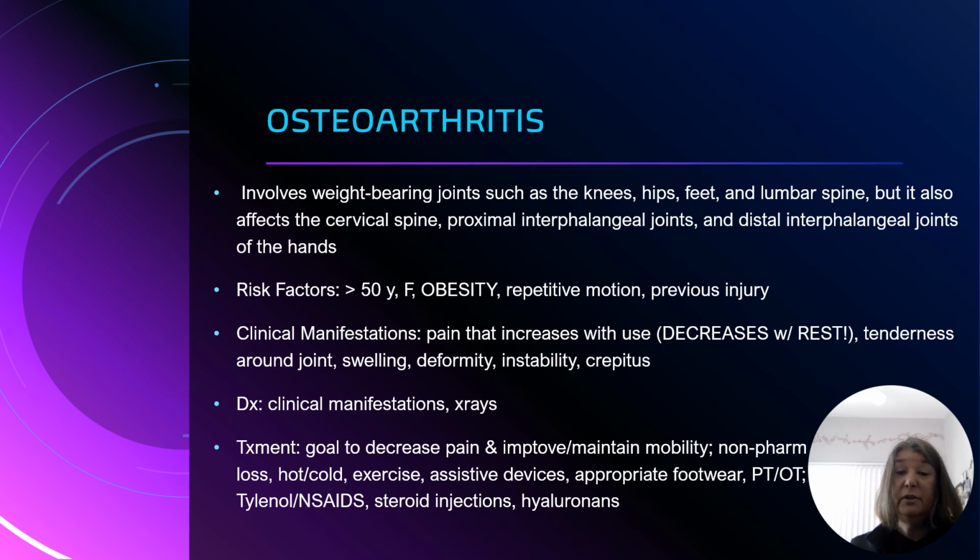Only 0.1% of people ages 25 to 34 are affected with osteoarthritis versus 80% of individuals over 55, right? Ow. However, osteoarthritis is not considered a normal process of aging, okay? So although it's super common, not considered normal process.